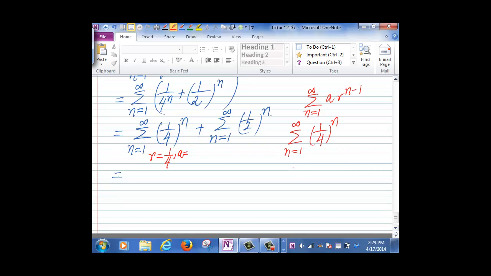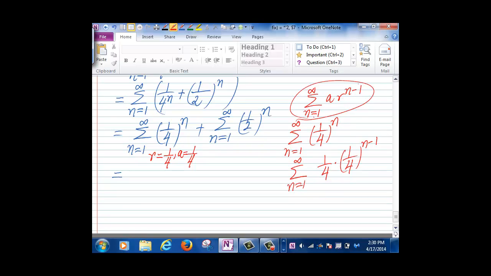That can be rewritten as 1 over 4 times 1 over 4 to the n minus 1. Now it matches what I have here, right? So the a value would be 1/4. Okay? So you have to make sure the index n is starting at 1, and then the exponent on r is n minus 1. So what is a? It's 1/4.